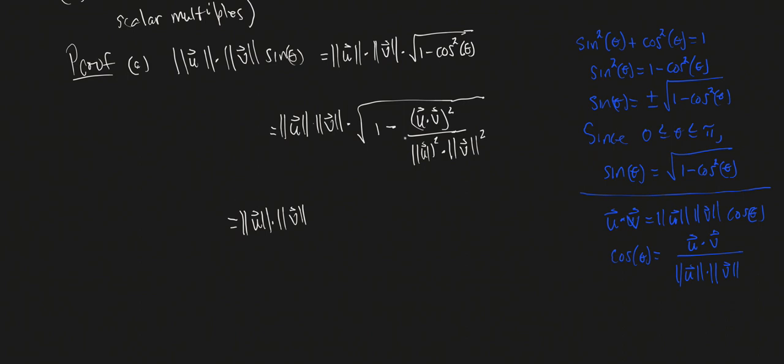To subtract fractions, I have to get the common denominator. The common denominator here is going to be the magnitude of u squared times the magnitude of v squared. So I'm going to put all of that under a square root.